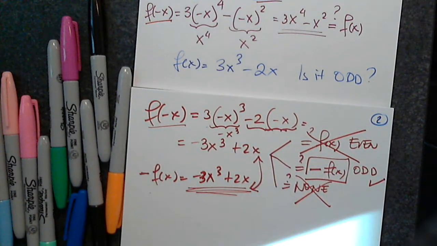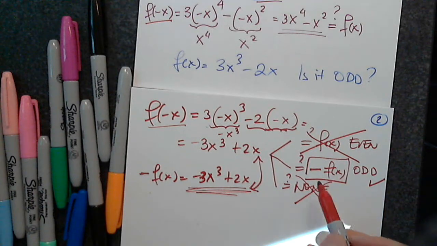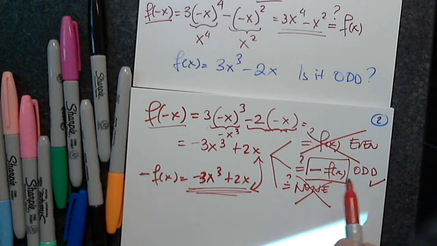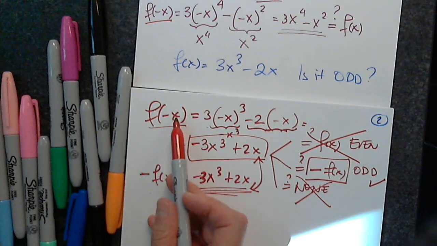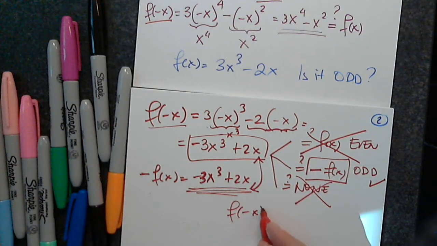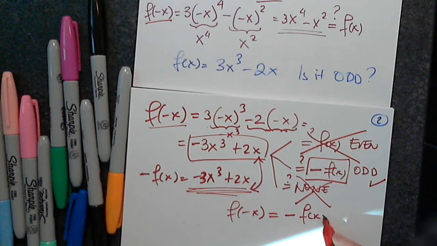If they're not the same, then I will say the function is not even, the function is not odd, neither nor, so it's not symmetric. So what do we conclude? It is odd, because when we calculated the opposite of f of x, we obtained the same function as f of negative x. So f of negative x equals the opposite of f of x, therefore the function is odd.